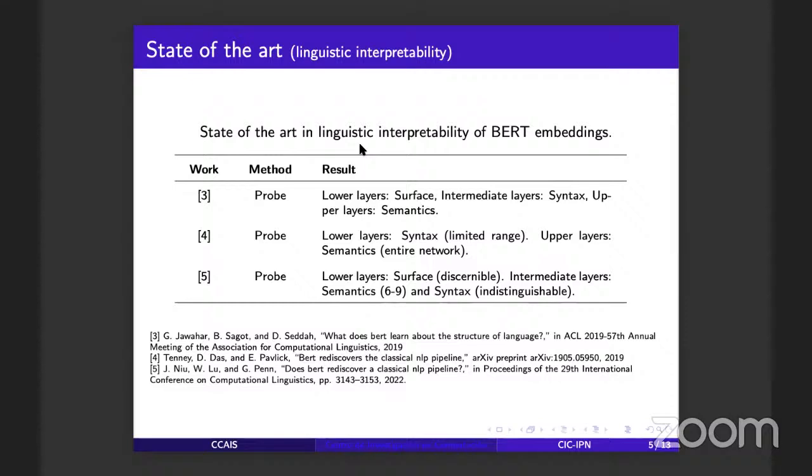The surface aspects, like sentence length, are the same. The syntax, in my case, was difficult. I think I need to go deeper in this part with other kinds of methods.